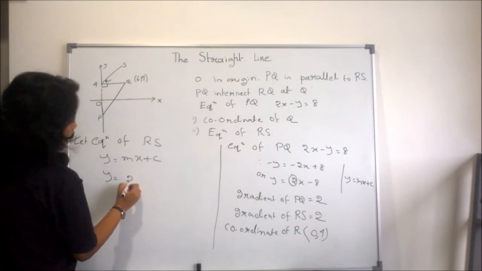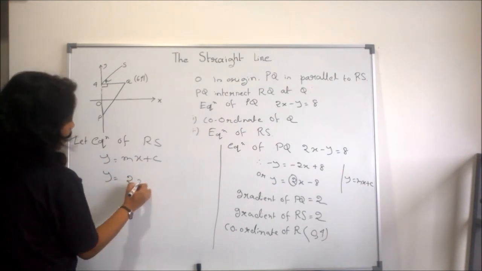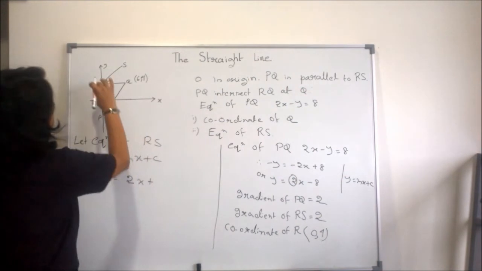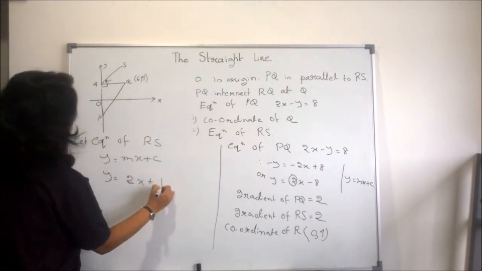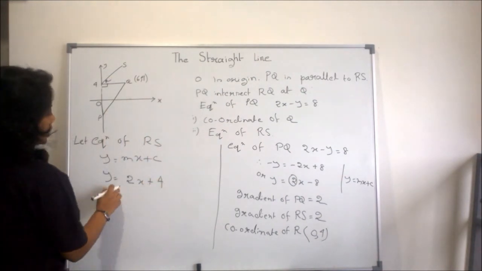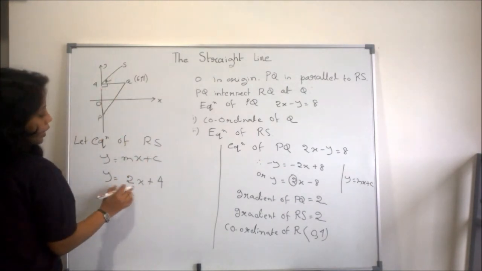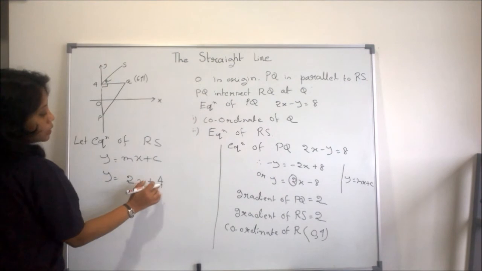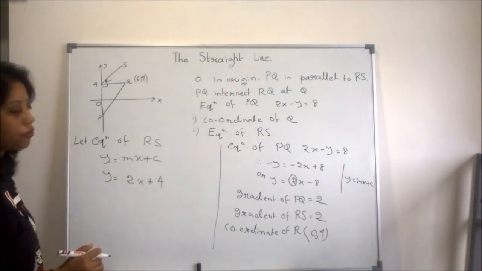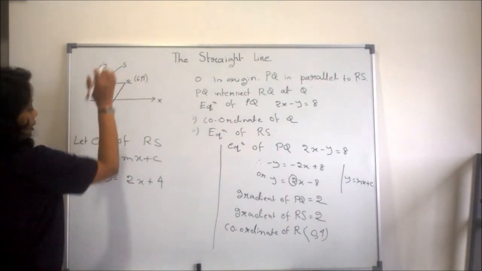In place of m we write 2, and c is 4. So y is equal to 2x plus 4 is the equation of the line RS.